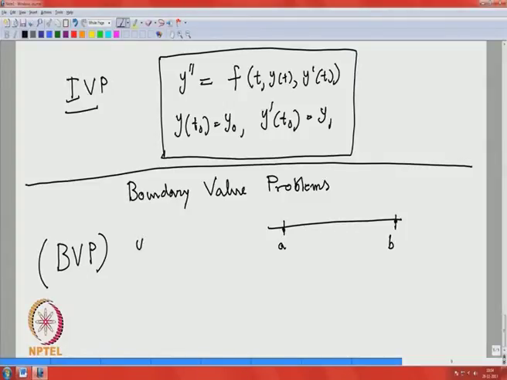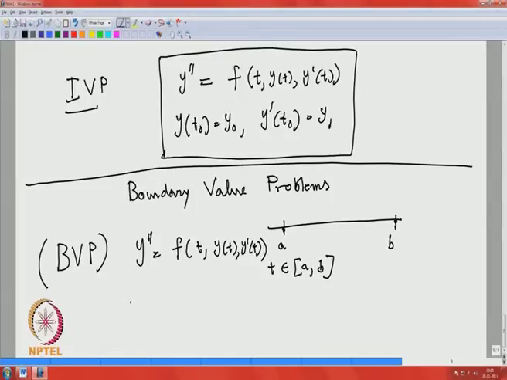So, typically a boundary value problem may look like f of t, y of t, y prime of t, for t in a b. It is a prescribed interval, and you can have a very general boundary value problem.